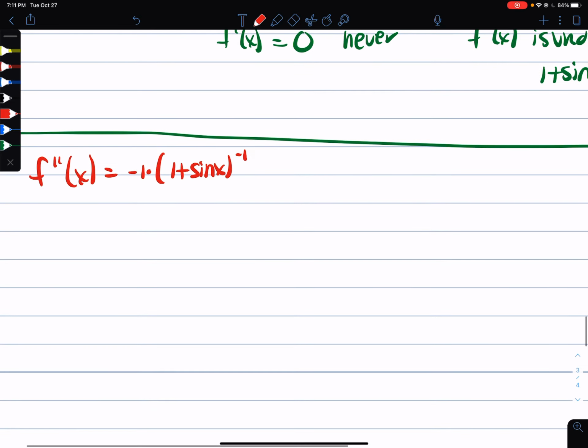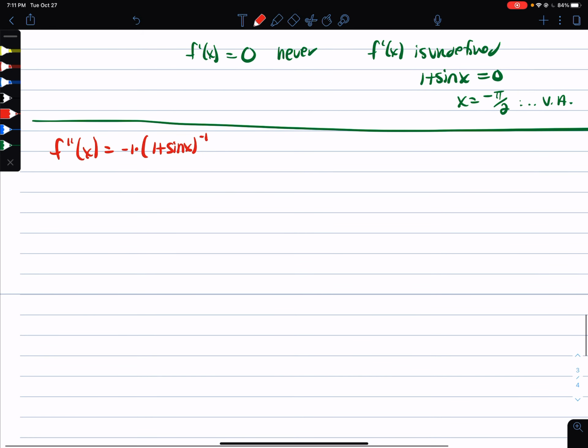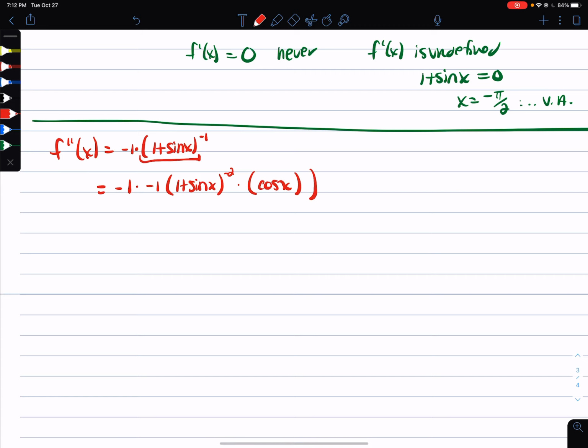And that, to me, is just a lot easier of a rule to use, using that chain rule. So I can factor out that -1, and then if I start to use the chain rule, I'll apply the power rule first. And -1 minus 1 turns into a -2, and then times the derivative of the inside. And the derivative of 1 plus sine, we already know, is just cosine of x.